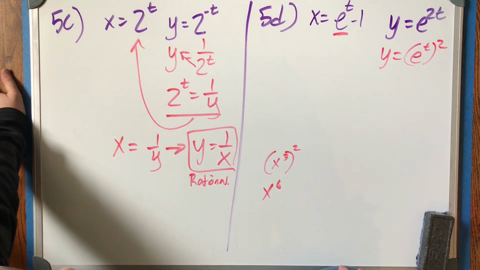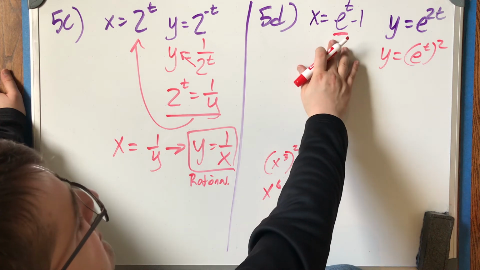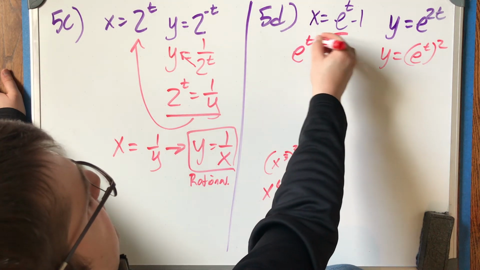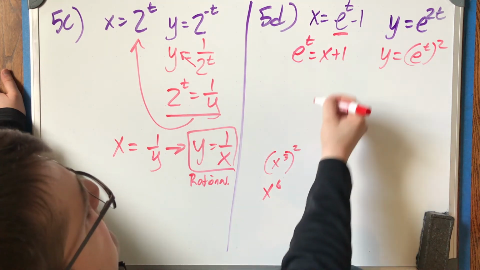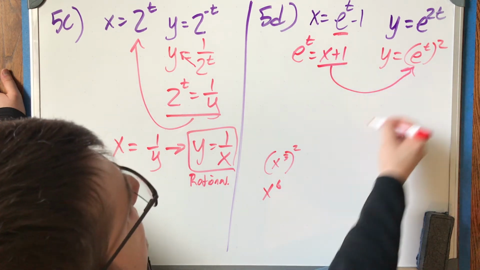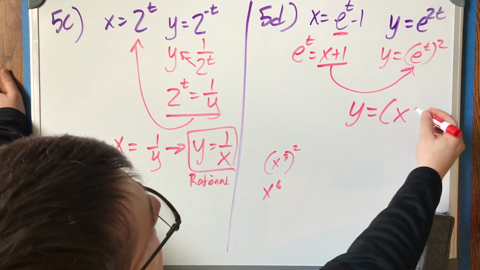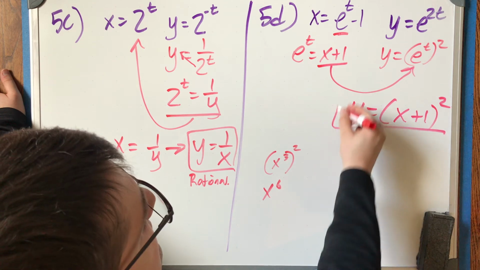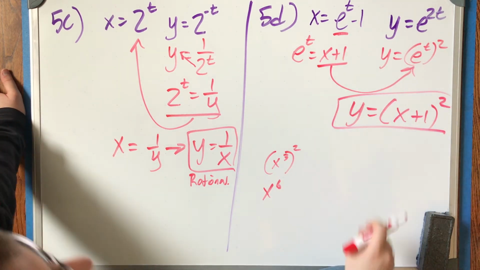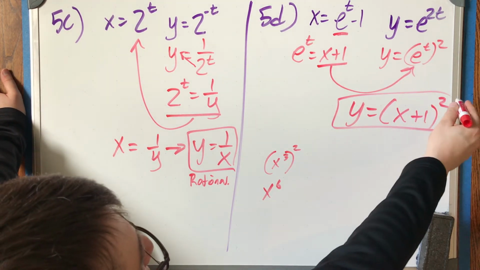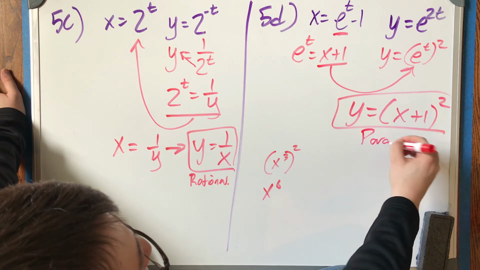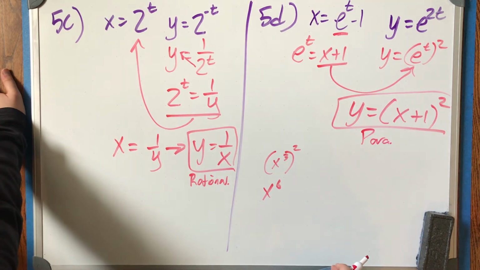So what I can do now is come back over here real quick, and I can solve this for e to the t, which is really x plus 1, and I can now substitute that in over here. So I'll get y equals (x plus 1) squared. That is the rectangular equation of that set of parametrics, and because this is squared, we know that this is a parabola or a quadratic.